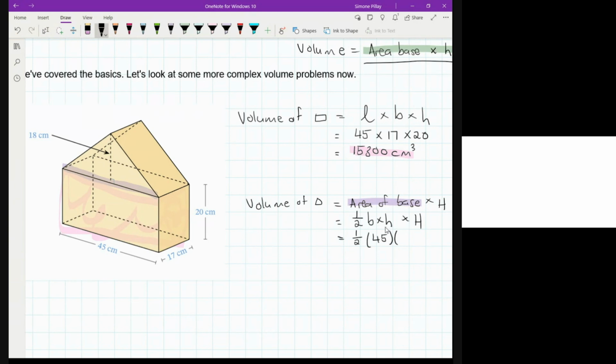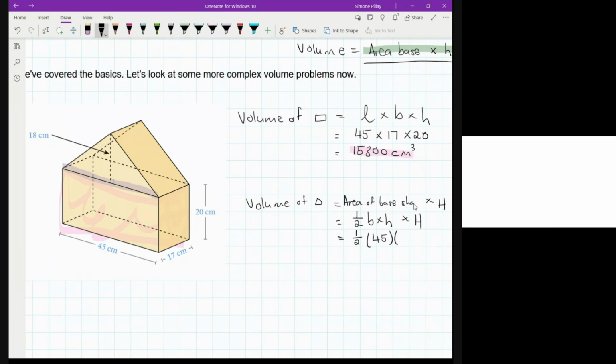20 centimeters, ma'am. Okay, tell me where you're getting 20 from. Are you getting it from here? Yes, ma'am. Okay. Immediately, I want you to remember right now we are dealing with the area of the base. Maybe I should even modify this to say that it's actually the area of the base shape.